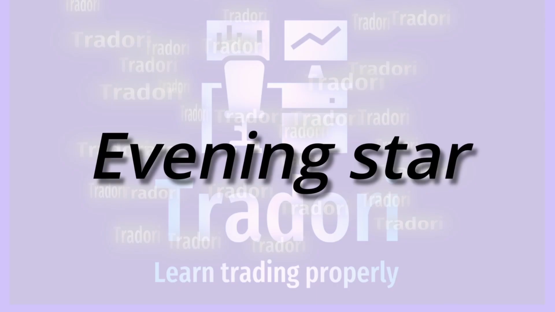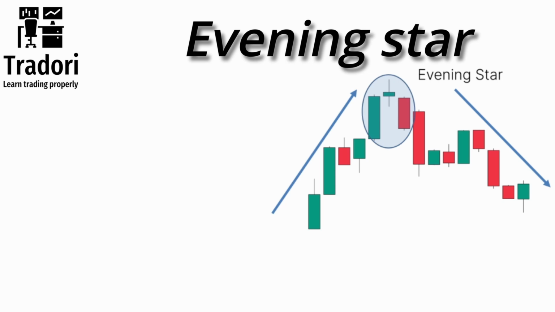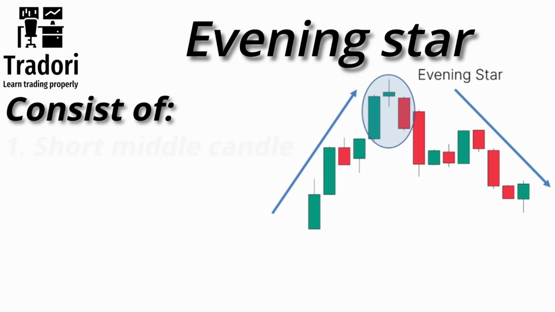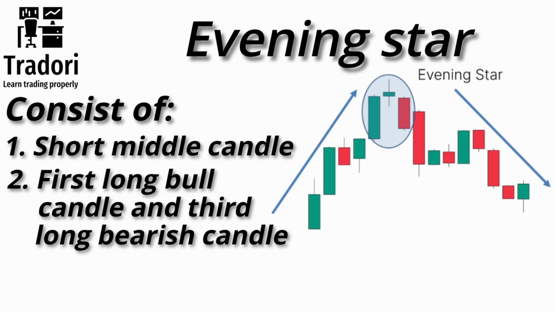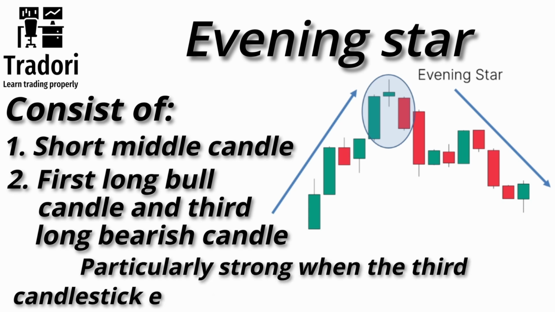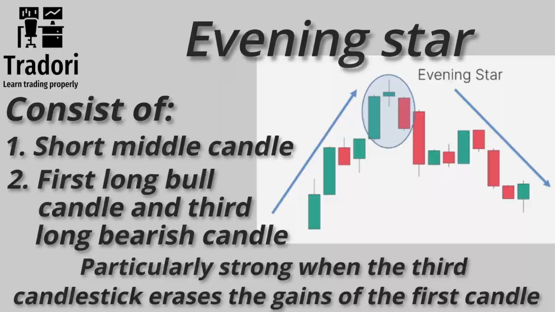Evening star. The evening star is a three-candlestick pattern that is the equivalent of the bullish morning star. It is formed of a short candle sandwiched between a long bull candle and a large bearish candle. It indicates the reversal of an uptrend, and is particularly strong when the third candlestick erases the gains of the first candle.